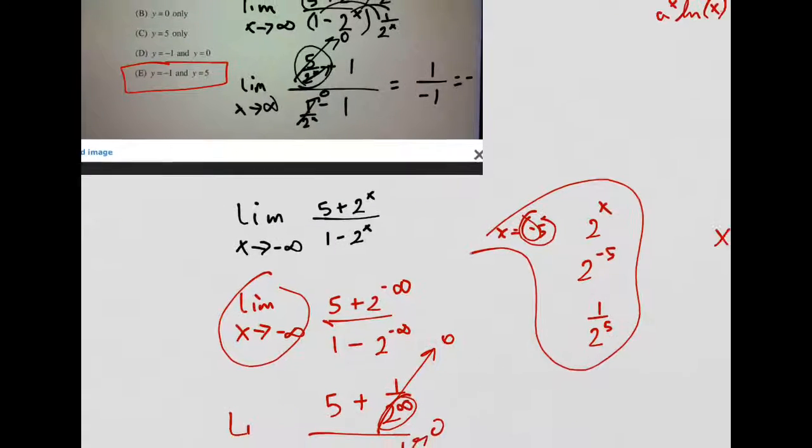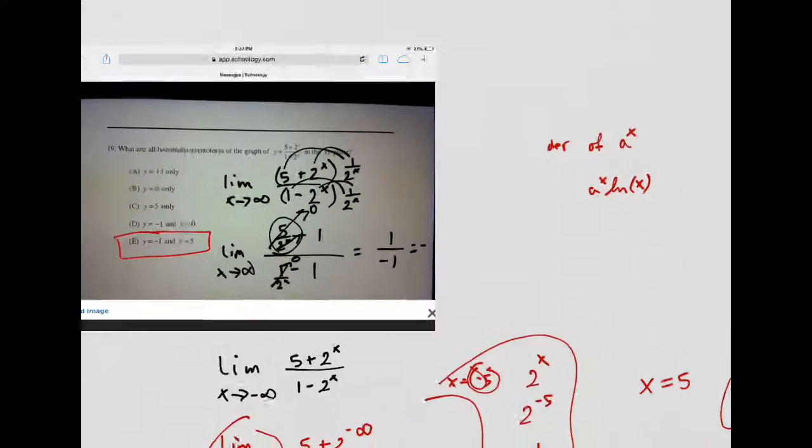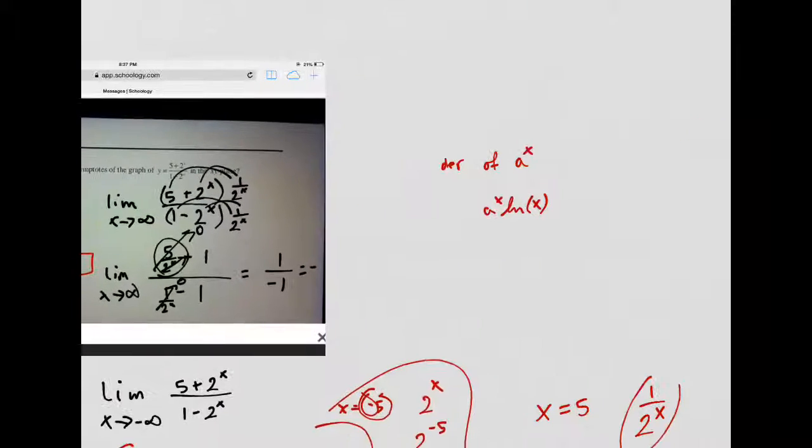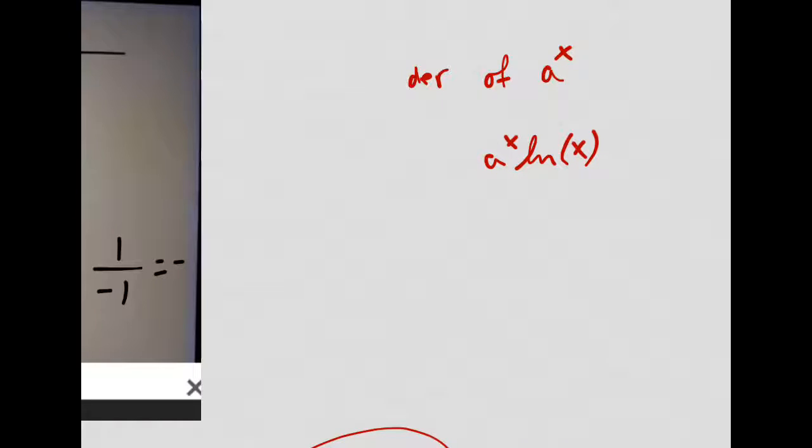I think you have to do this. You should try it, because I don't think it's going to work. If you think about it, take the derivative of 5, it goes to nothing. Take the derivative of 2 to the x, and it goes to 2 to the x times ln of x. Well, if I plug infinity into that, this goes to infinity, and this also goes to infinity.